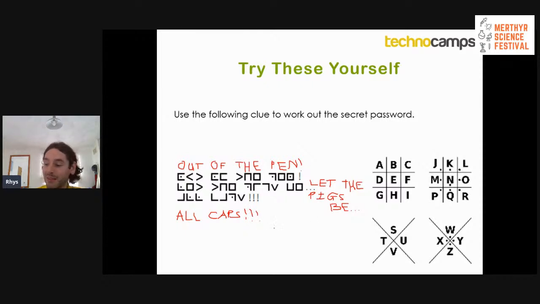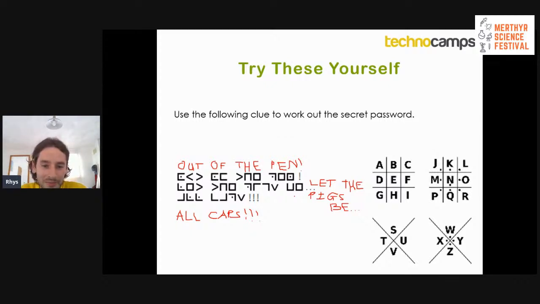So nice, Daisy, that message there is telling us that the password is in all caps. But what could the password be? So it says, out of the pen, let the pigs be all caps, with those 3 exclamation marks at the end. So who can guess the secret password? Daisy's got part of it. Daisy said that the letters all need to be in all capitals.